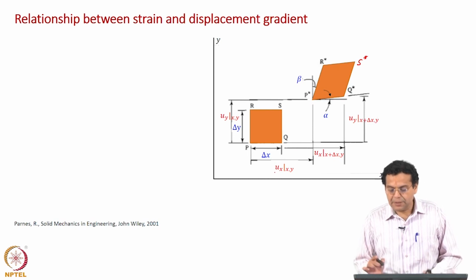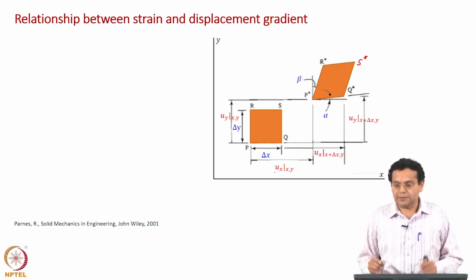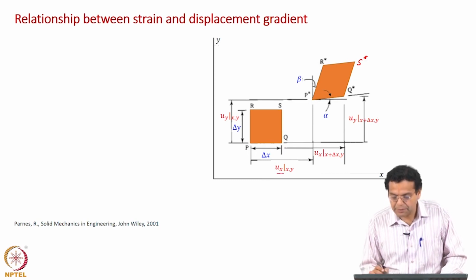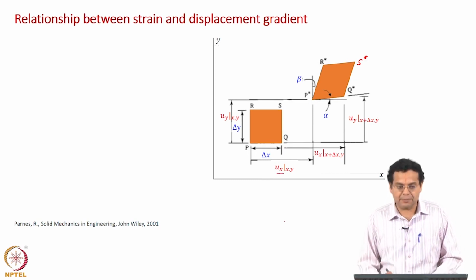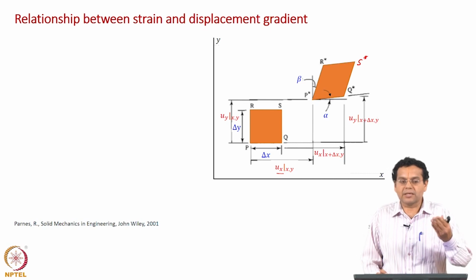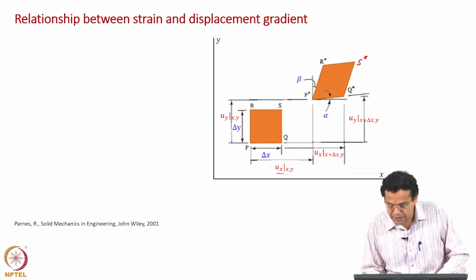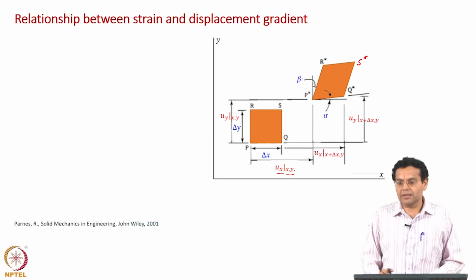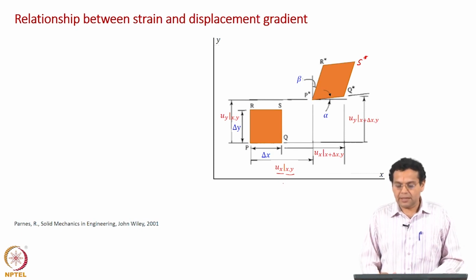P and P star are related by x displacement. The distance between P and P star is the x displacement, and remember ux, uy depend on x and y, so it is evaluated at x comma y. This nomenclature we have seen earlier for our derivations. The vertical bar tells you that we are evaluating at a particular location.